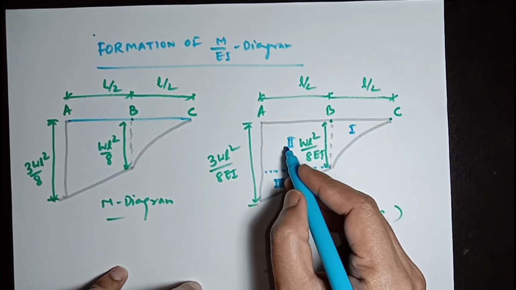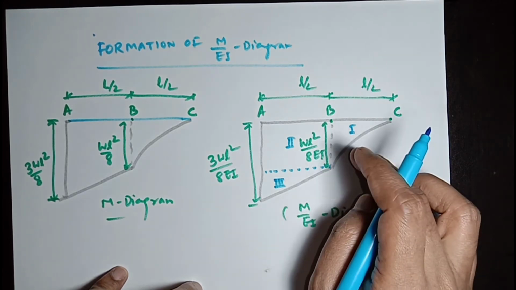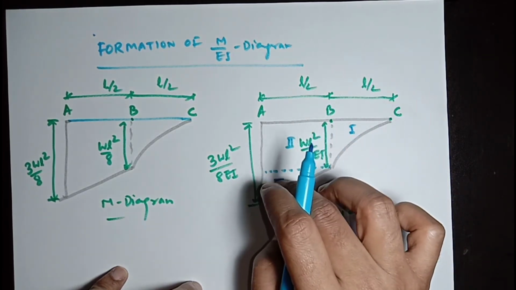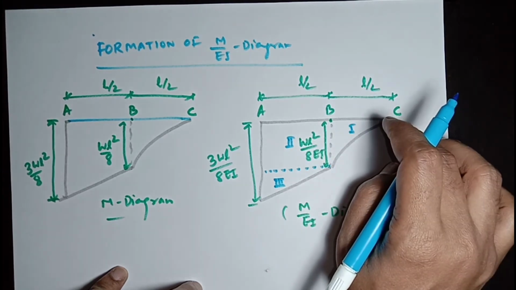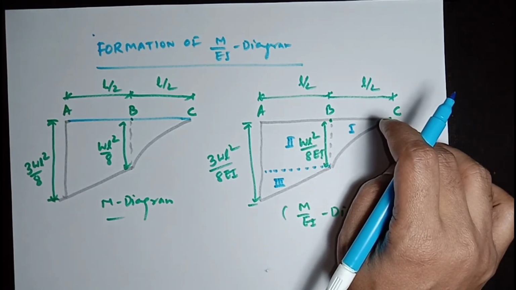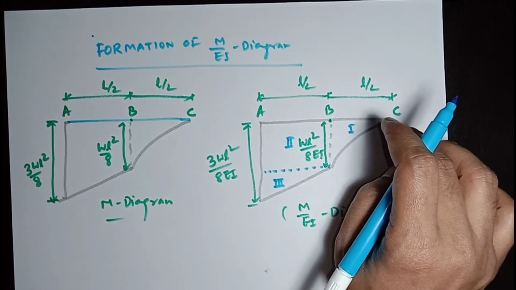We will calculate the area of all regions, and also the centroid of every region with respect to point C, and after multiplying the area of every region with its respective centroid, it will directly give the deflection at point C.